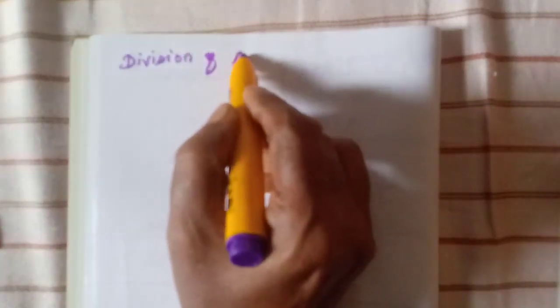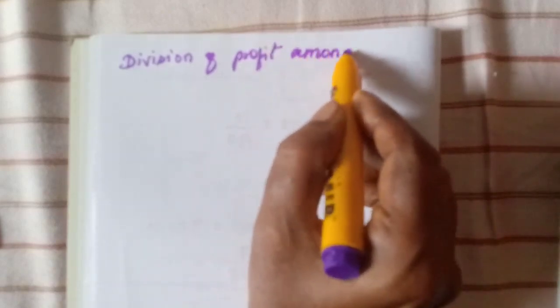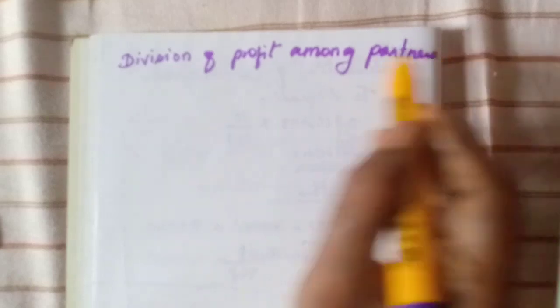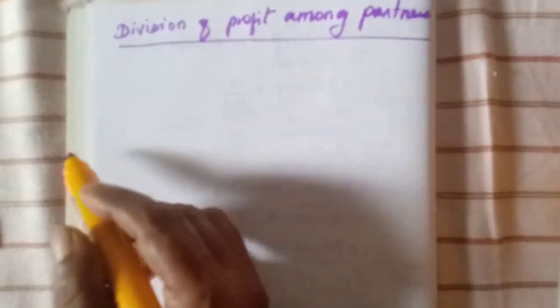Now the last heading we are going to learn in this chapter is division of profits among partners. In the last stage we gave interest on capital.